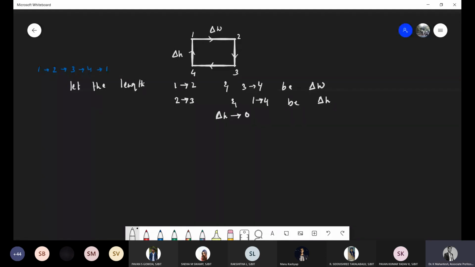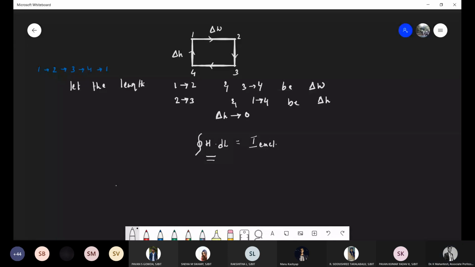Ampere circuital law on the closed path can be given as, what is Ampere circuital law? The closed line integral of H dl is equal to I enclosed. This integral must be broken into 4 parts, because I have 4 paths here.